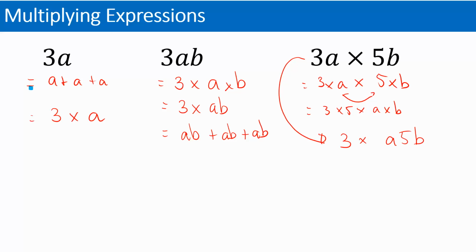I'm doing A times 5 times B. True? Now if you write it like this, it just means I've got 3 groups of A5B. Now 3 groups of A5B will look like this. It will just be A5B plus A5B plus A5B. Yeah, because you've got 5 plus 5 plus 5. That gives you 15 of these AB, AB.